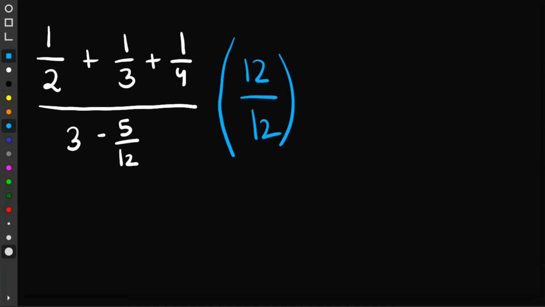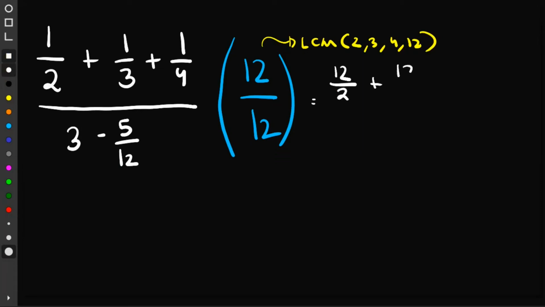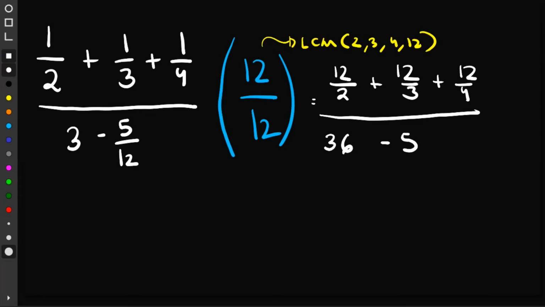The reason that it is 12 over 12 is because this is the LCM of 2, 3, 4, and 12. So this would give us 12 over 2 plus 12 over 3 plus 12 over 4 all over 3 times 12 is 36 minus 5, since the 12 would cancel out here.